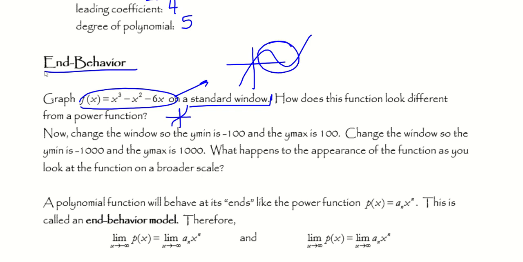If we change our window, it'd be good for you to do this on your calculator. We're looking farther out, going from negative 100 to 100, and then maybe from negative 1,000 to 1,000. And then we look at that function. It's kind of like if you get in an airplane, as you take off from the runway, you can see people moving around, you can see cars driving, you can even make out the color of those cars, you can see houses, roofs, maybe you've even picked out your house before.